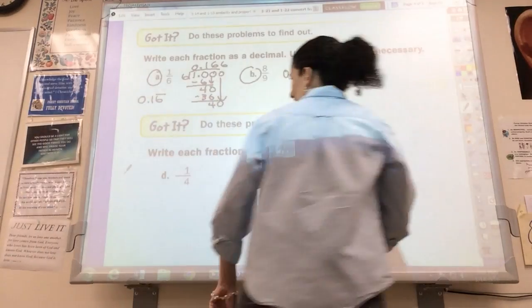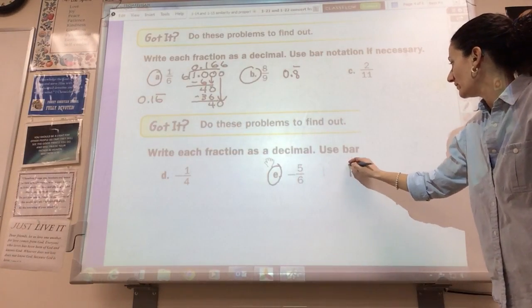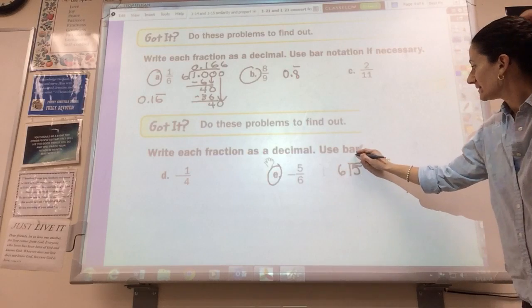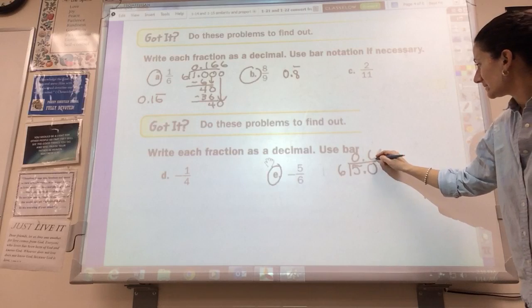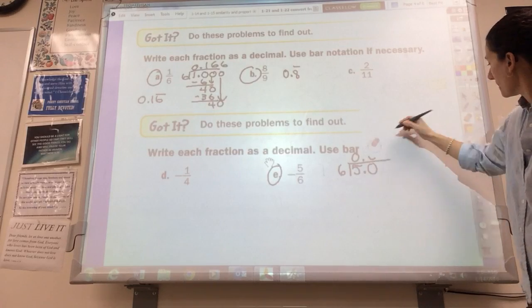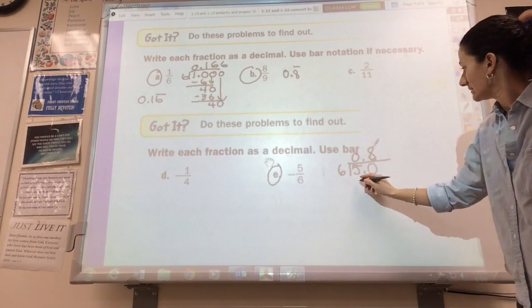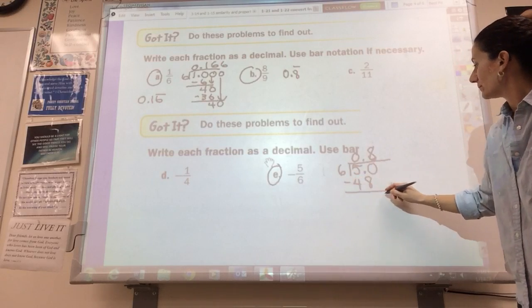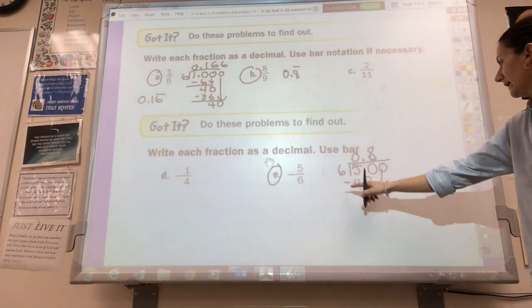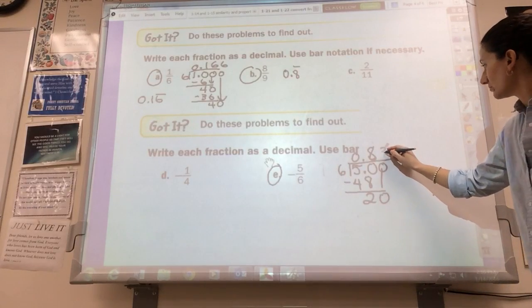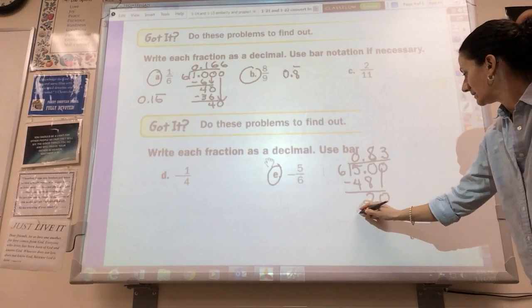Let's take a look at 5/6. So I'm going to divide 5 by 6. 6 goes into 50 8 times. 6 times 8 is 48. Remainder 2. Bring down a 0. You should be checking your work now. 6 goes into 20 3 times because 3 times 6 is 18.